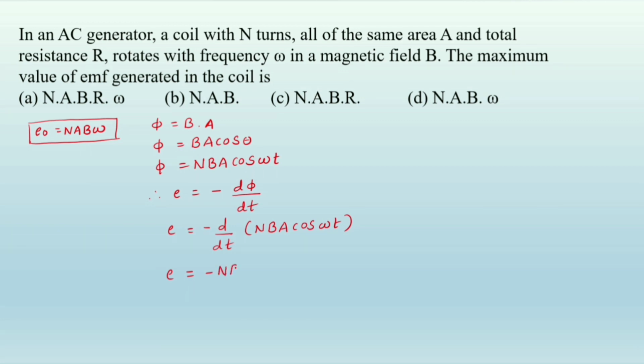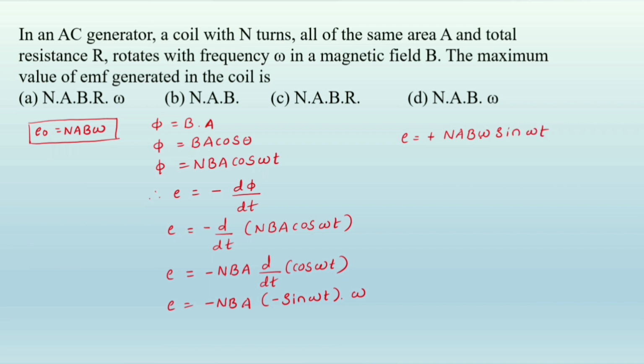Minus number of turns, magnetic field, area is constant, take outside, d by dt of cos omega t. So E equal to minus NBA times that. Differentiating cos omega t gives minus sin omega t into omega. So minus into minus will be plus. So we can get NAB omega sin omega t.